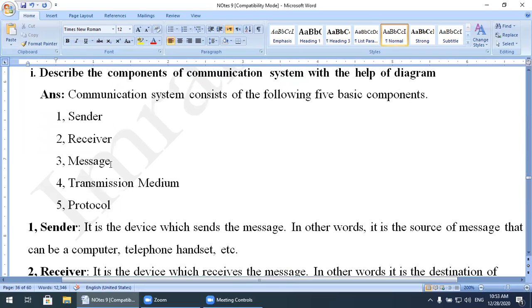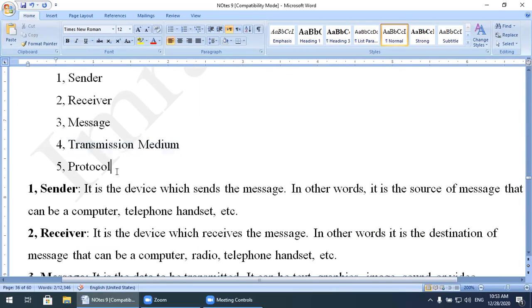I gave you the example of WhatsApp: when you are chatting with your fellows, you are composing the message. One is send, another one is receive. Next one is transmission medium. The transmission medium could be Wi-Fi or unguided media, or cables, guided media. Number five is protocols. We will explain them one by one in detail.